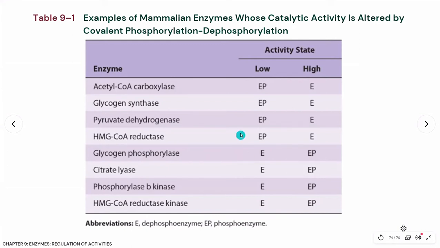So they are opposite in activity. How to control them is phosphorylation. If glycogen synthase is phosphorylated, it inhibits its activity, low.